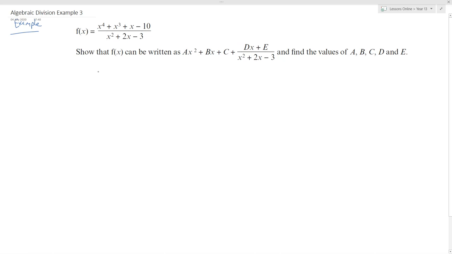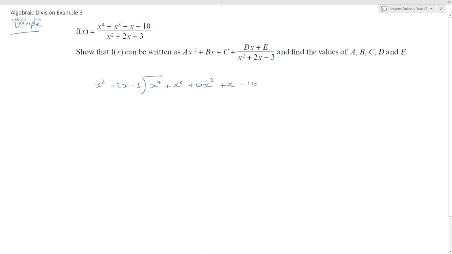So if we set it out, I've got x squared plus 2x minus 3, and that goes into x to the power of 4 plus x cubed. I don't have an x squared term, so I'll write plus 0x squared plus x and minus 10.